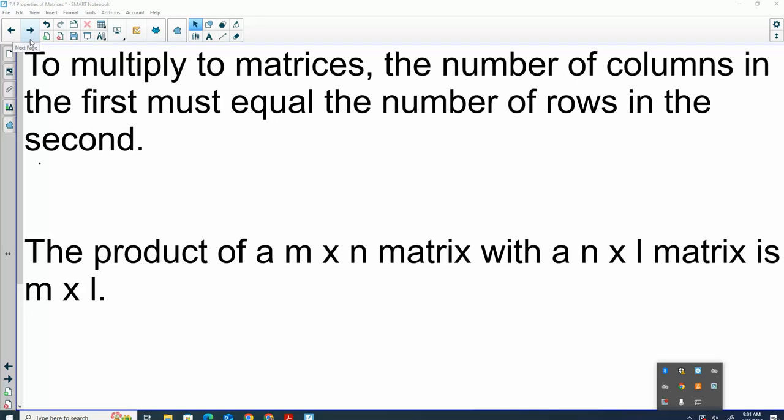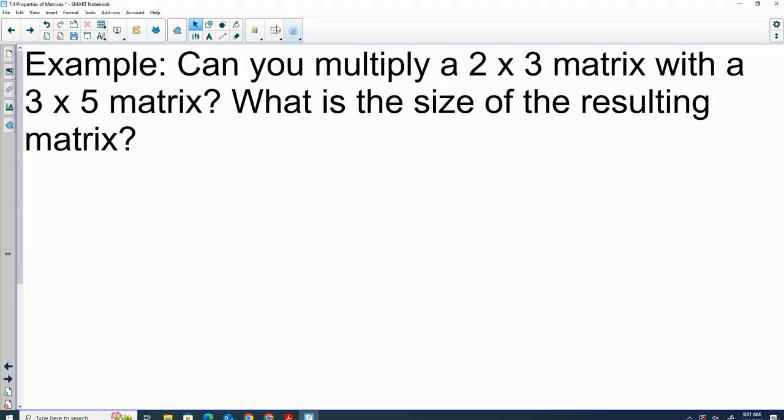So let's take a look at, and this one you don't necessarily have to write down, I just want to talk about if you could multiply them. The trick that we'll use. If you have a 2 by 3 matrix and a 3 by 5, so if your first matrix is 2 by 3 and the second one is 3 by 5.